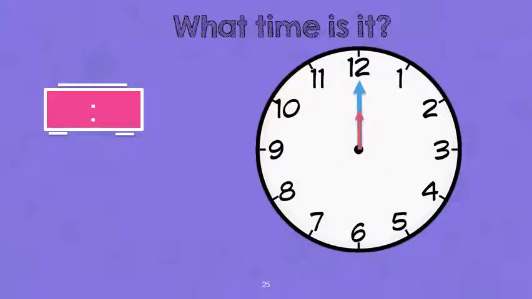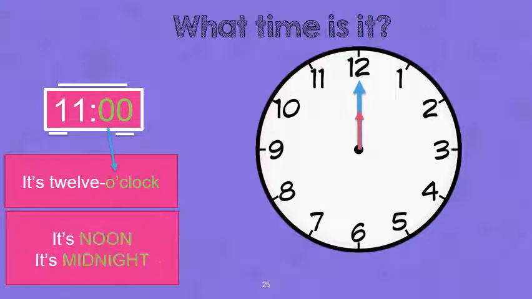And this is the last one, okay? If you notice this one, we have the small and the big pointer pointing to the 12, okay? For this one, we're going to say that it's 12, and then we have the exactly hour, which is o'clock. However, the clock goes around 2 times during the day.